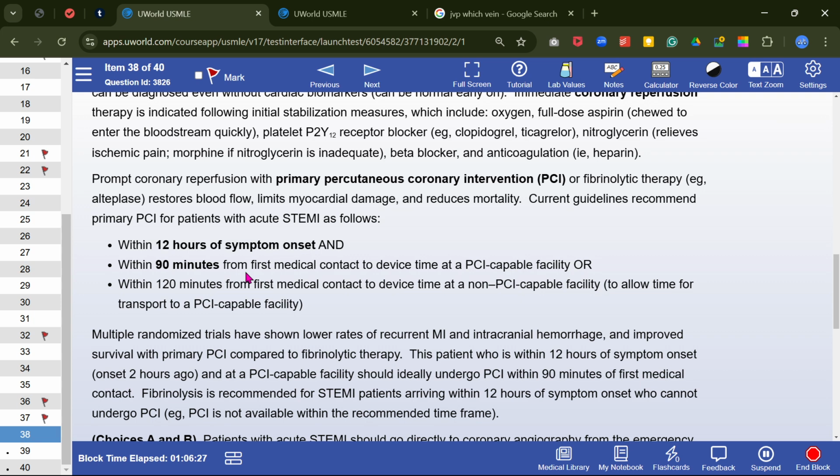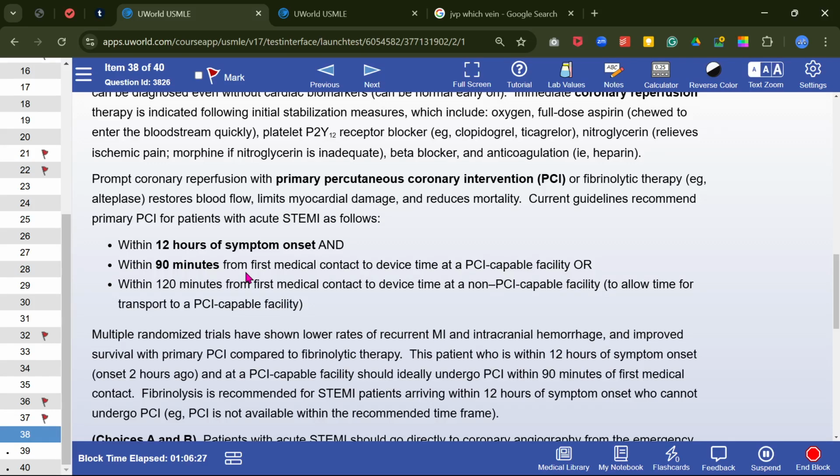So they send the ECG to the doctor, and the doctor sees that the ECG has ST elevation. So before the patient arrives, they actually start setting up for PCI. Got it? I think that's how these things go.